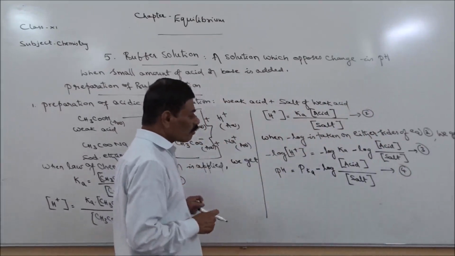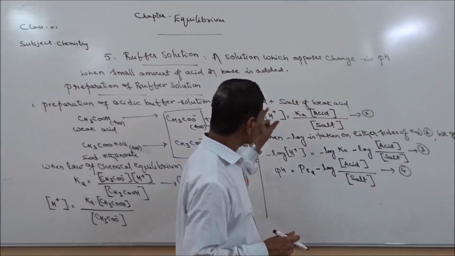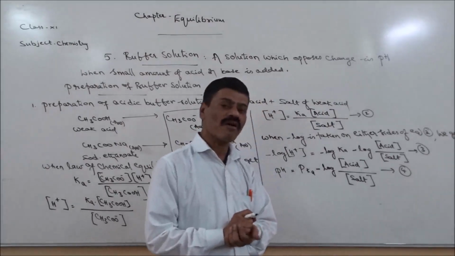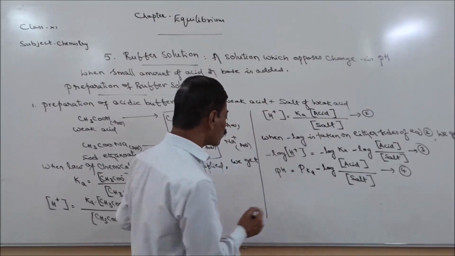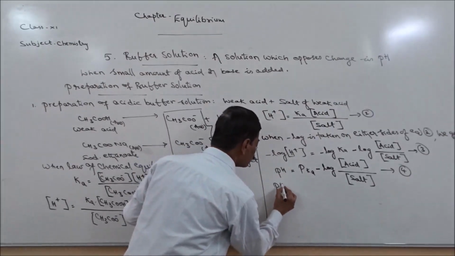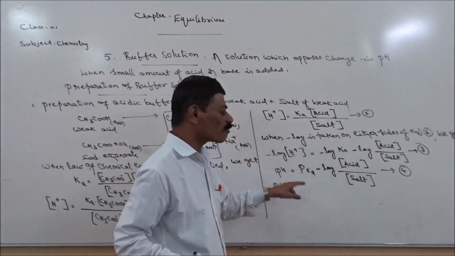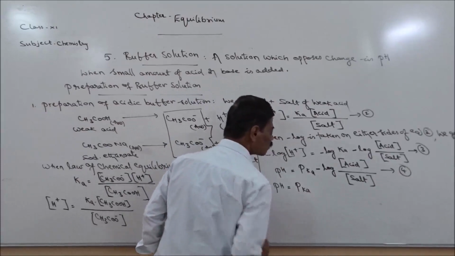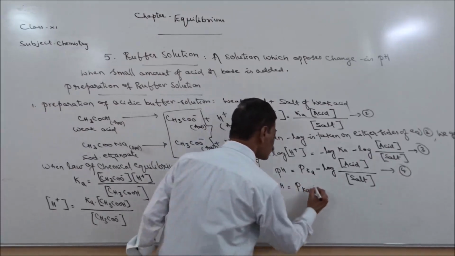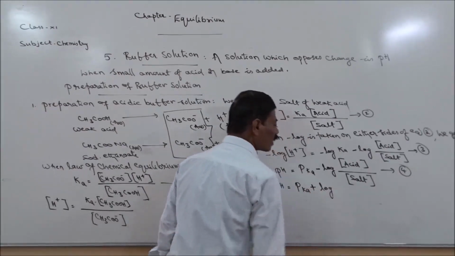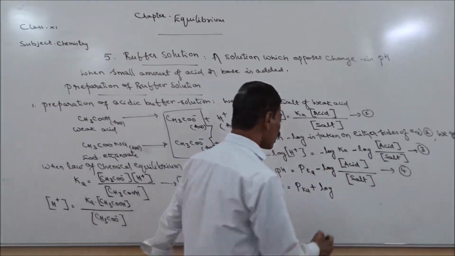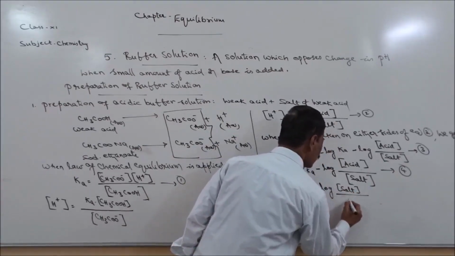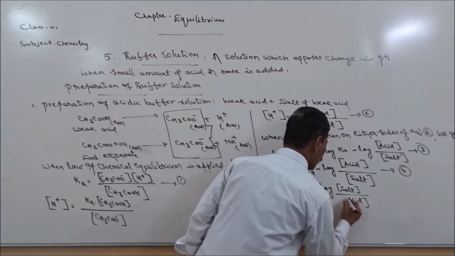Now, in the case of particularly ethanoic acid, if we take the pKa value as 4.75, here pH is equal to that value, you can put 4.75 in place of pKa. If we want, this minus sign can become plus if we take the molar concentration of salt and acid upside down: molar concentration of salt divided by molar concentration of acid.